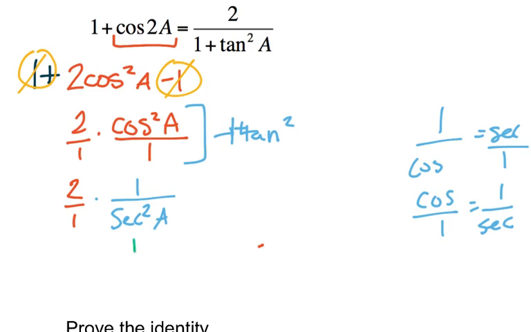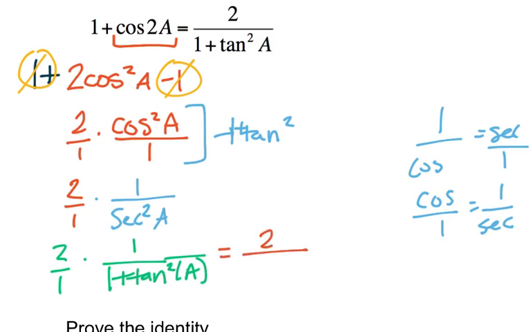So I now have 1 over 1 plus tangent squared of a, and then we also have the 2 as well. So, finishing this up, of course, we can multiply that 2 across, and so we have 2 over 1 plus tangent squared of a.